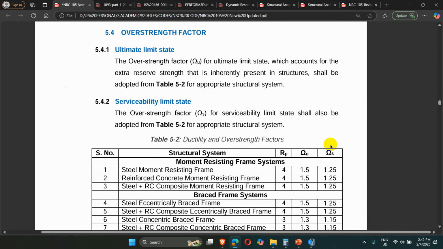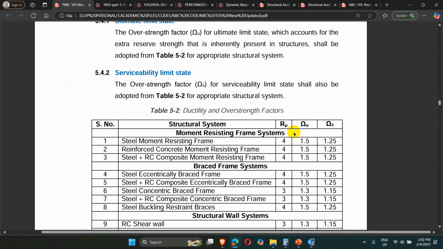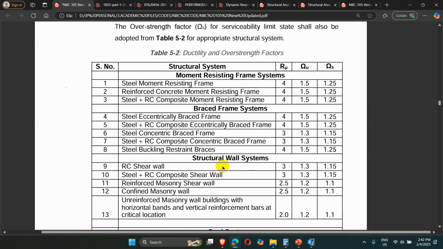Okay, so the ductility factor is 4 in terms of RC moment resisting frame. The resistance factor is 1.5 for the ultimate limit state and 1.25 for the serviceability limit state for reinforced concrete moment resisting frame.